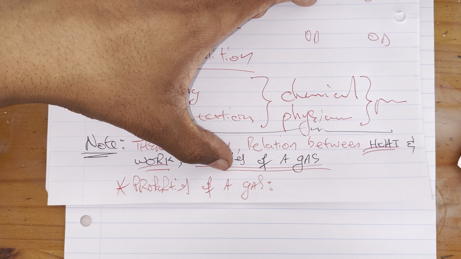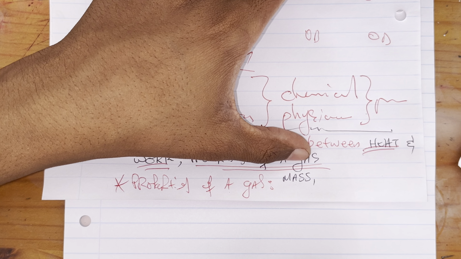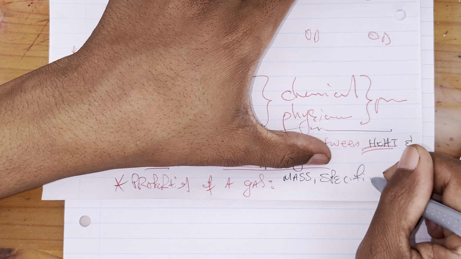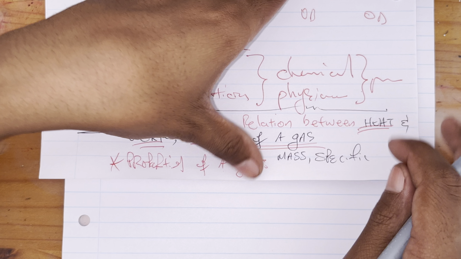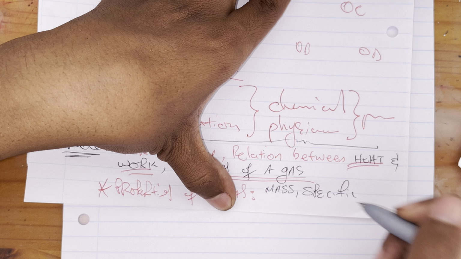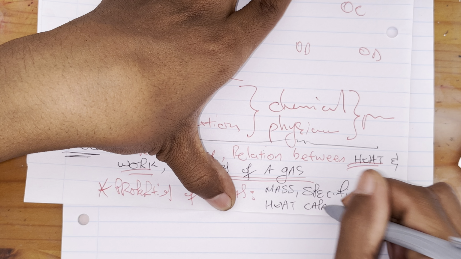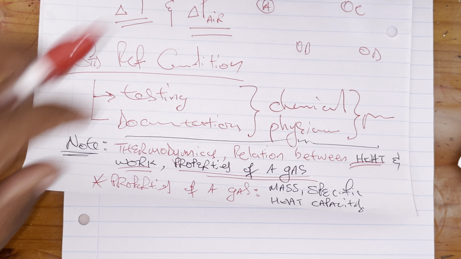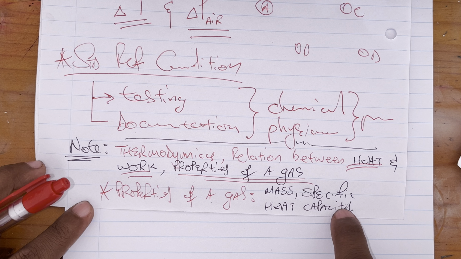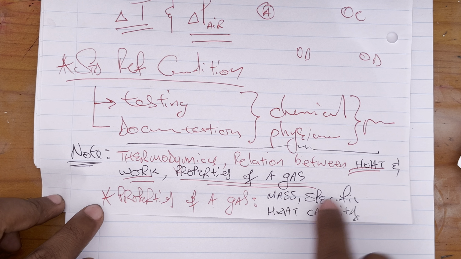Properties of a gas include mass as well as something known as specific heat capacity. So for now, we are referring to the mass of the gas as well as the specific heat capacity of this gas. Obviously there are more properties, but for now we will limit ourselves to these two.